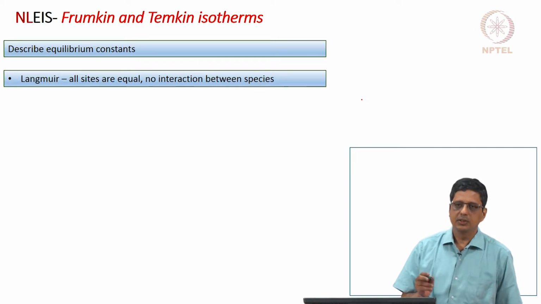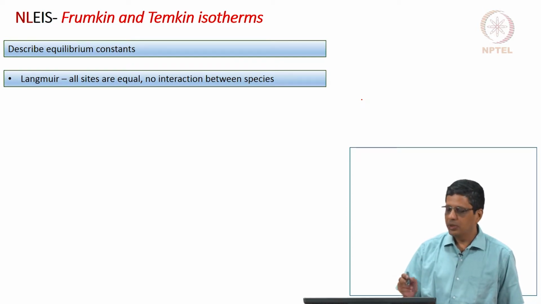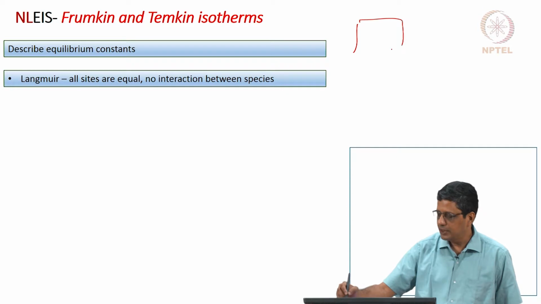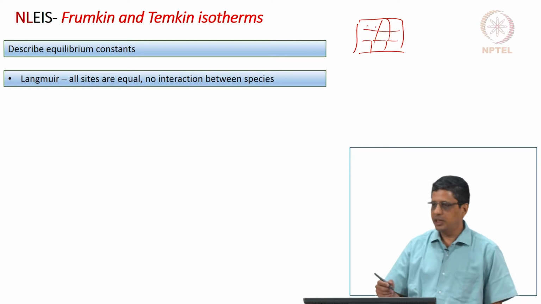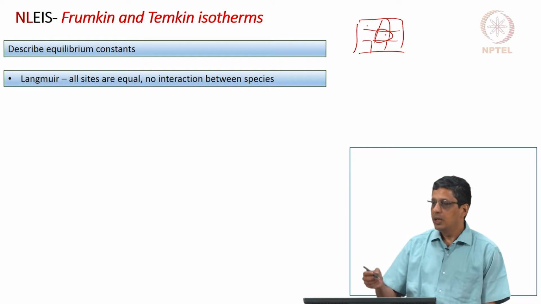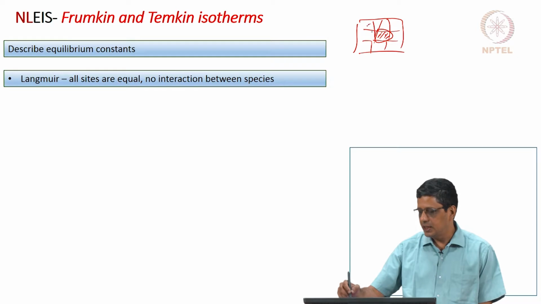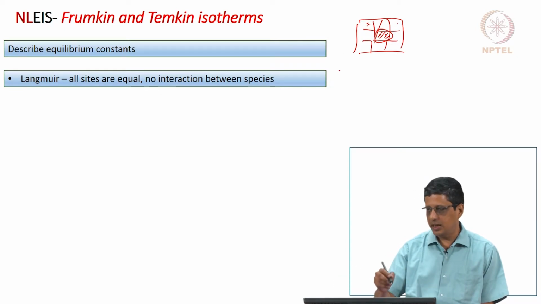Now, all these isotherms describe the equilibrium constants. The Langmuir adsorption isotherm model assumes that the equilibrium constant is independent of the fractional surface coverage. It assumes that if you have n number of sites, the probability of an adsorption occurring in a place, in our case a metal becoming a metal adsorbed species, is not dependent on the location of the site, whether it is near the center or at the edge.